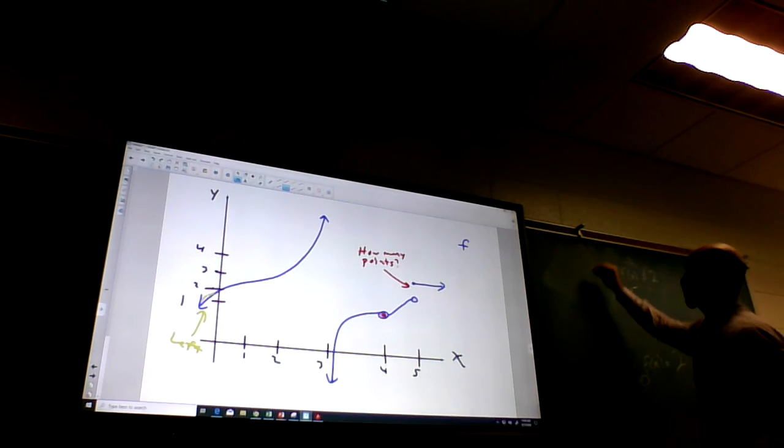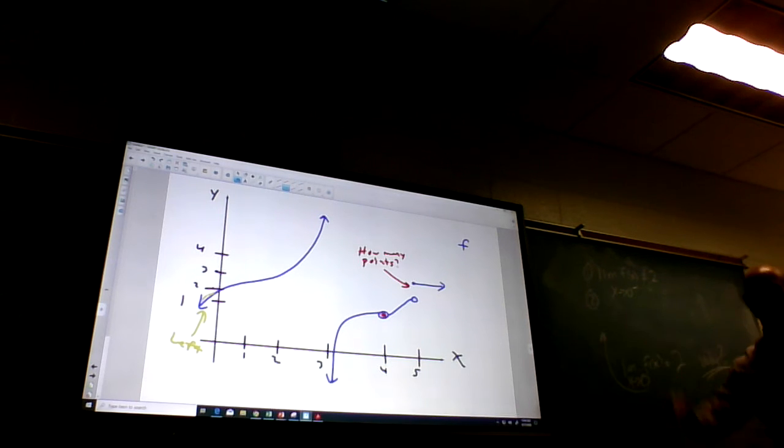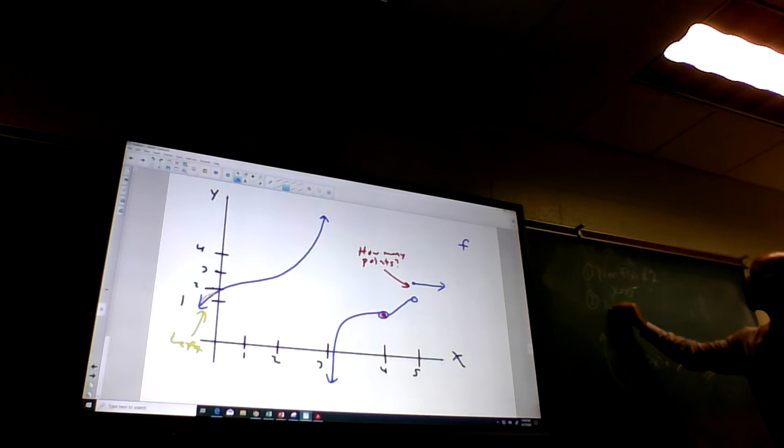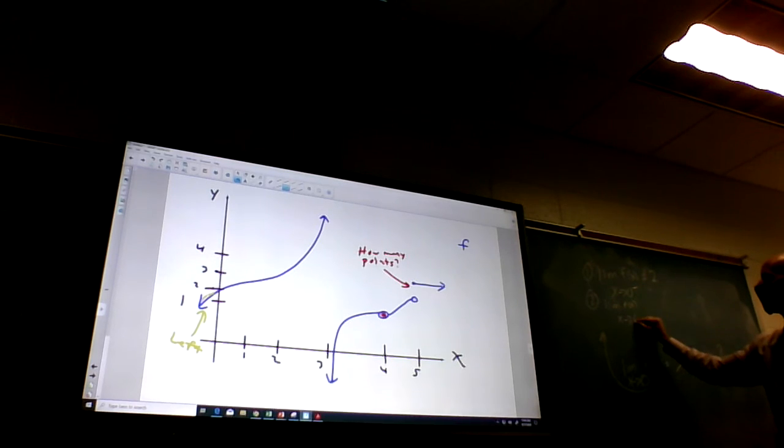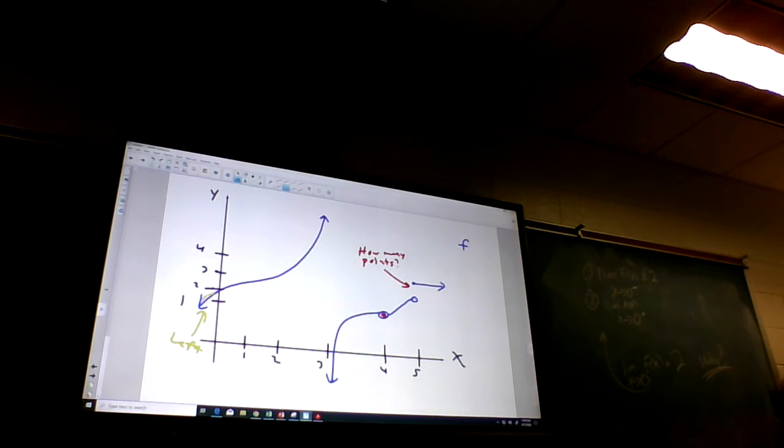Okay, so that's number 1. Can you guess what number 2 is going to be? The limit of f of x as x goes to 0 plus. If the ants are coming in from the right side, is it 2? Can you guess what number 3 is?